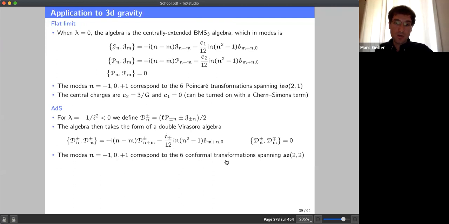These zero modes correspond to 6 conformal transformations, and they span the conformal algebra SO(2,2), which is the isometry algebra of anti-de Sitter space. The rest of the tower of modes span the rest of the Virasoro algebra. And the central charge, when you write it in this form, is what we typically call the Brown-Henneaux central charge, and it's equal to 3L over 2G.